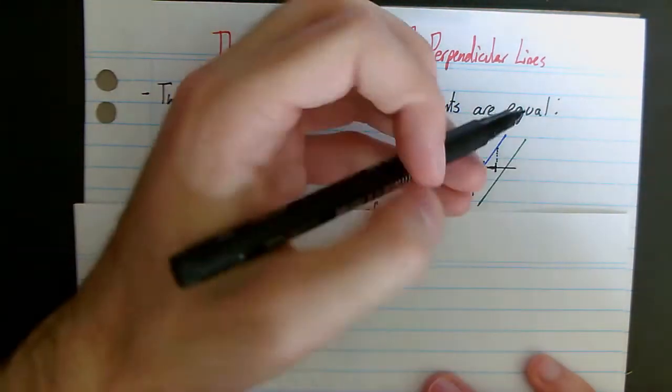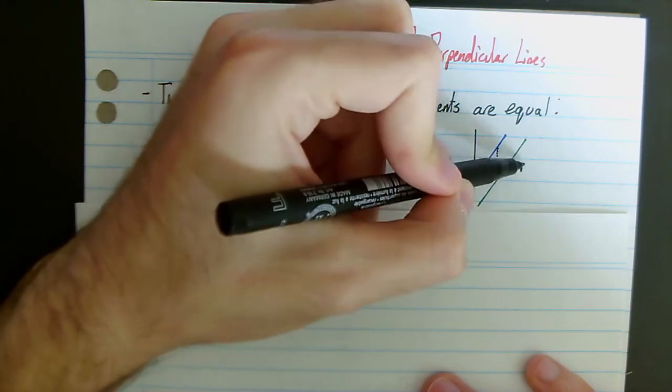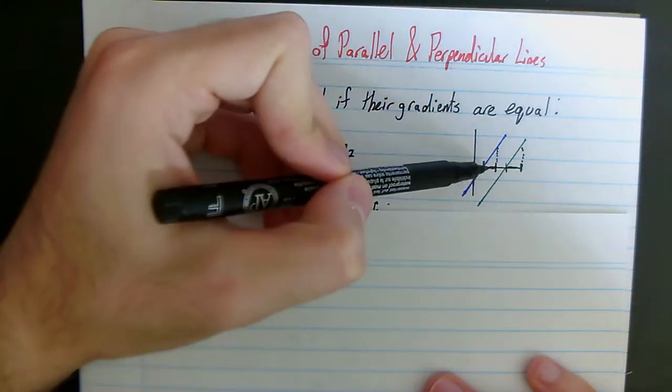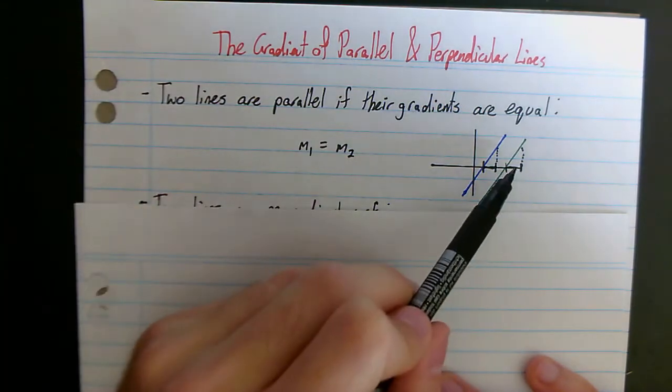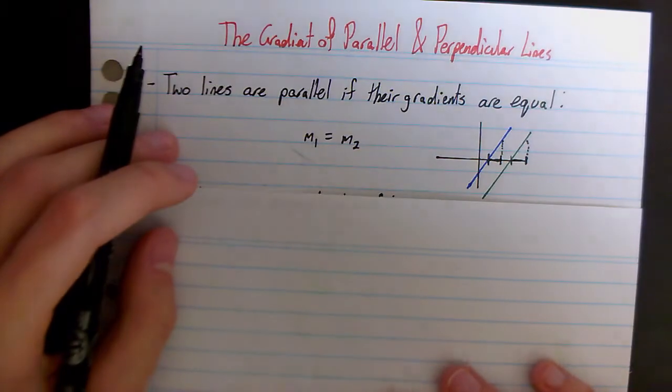Now, on the green line, if I consider that same distance, I will rise by the same amount, okay? So this basically means because they're rising and running by the same amount, they will never meet, and this then explains why their gradients are equal, because gradients are defined as rise over run, okay?